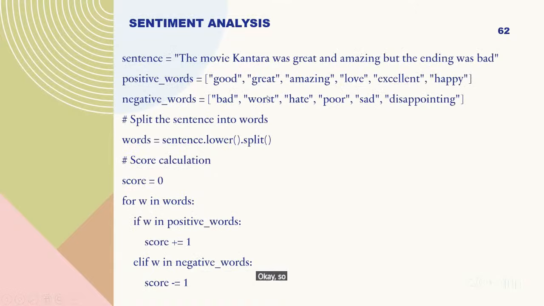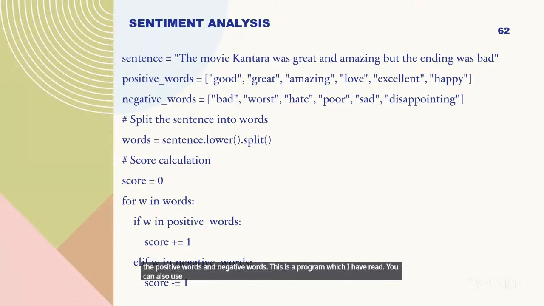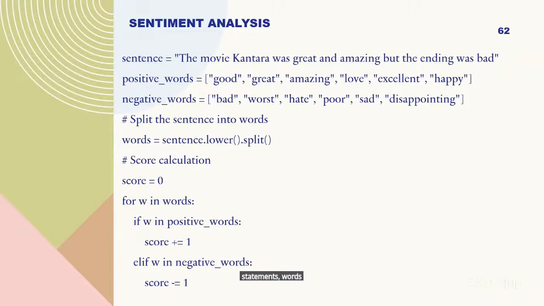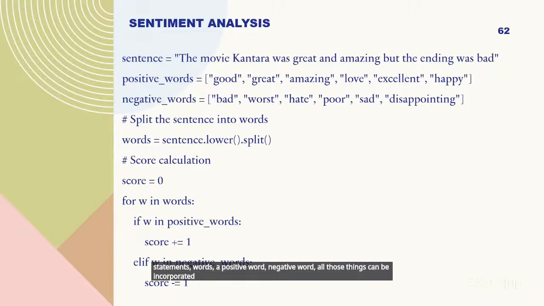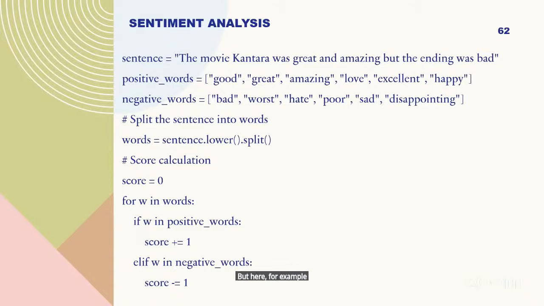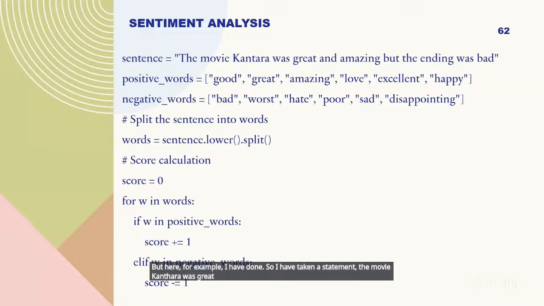Okay, so I have a program here. I have decided the positive words and negative words. This is a program which I have done. You can also use .csv files. You can upload statements, words, positive words, negative words, all those things can be incorporated and made easy. But here, for example, I have taken a statement: the movie Kantara was great and amazing, but the end was bad.